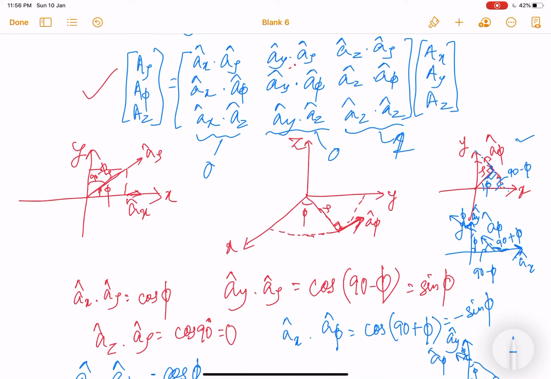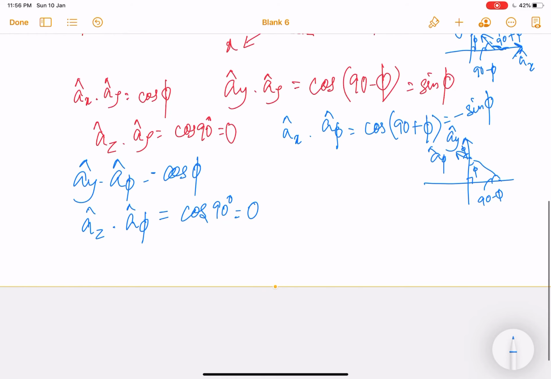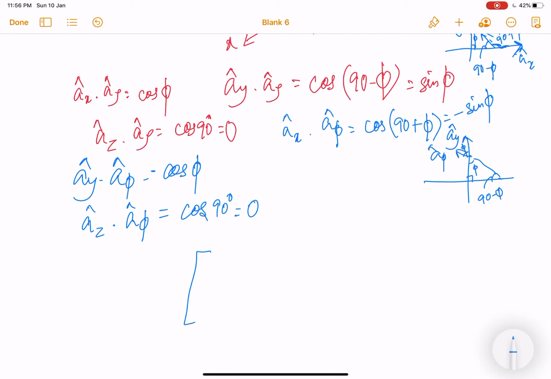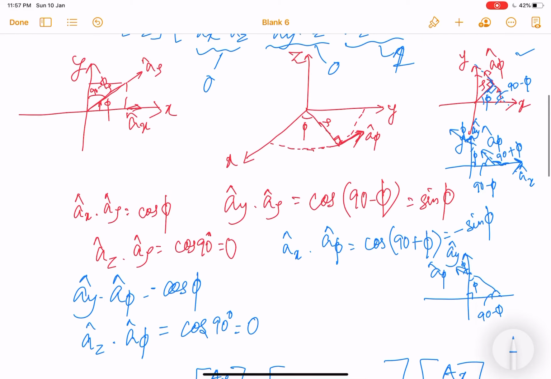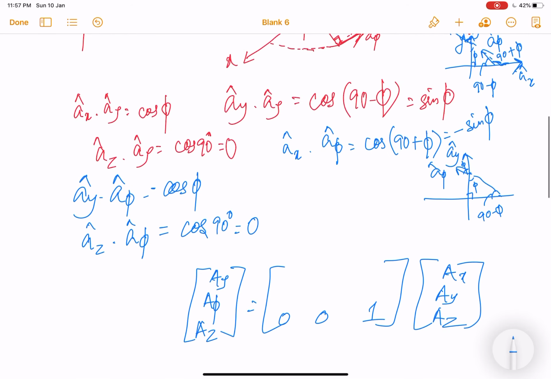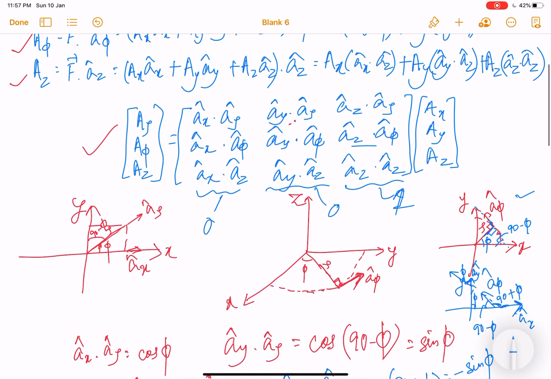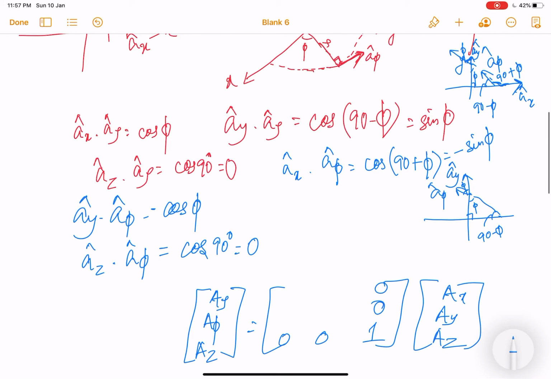Now I can write my vector. A rho, A phi, Az is equal to this matrix times Ax, Ay, and Az. Just now we found these things: az dot a phi is 0, and az dot a rho is obviously 0, perpendicular.